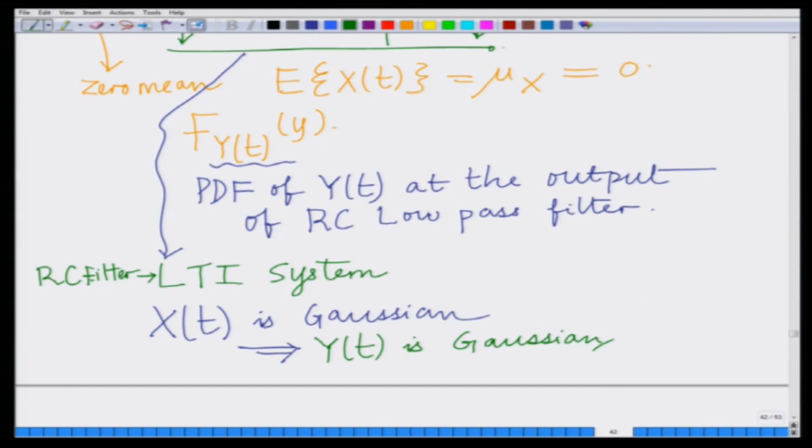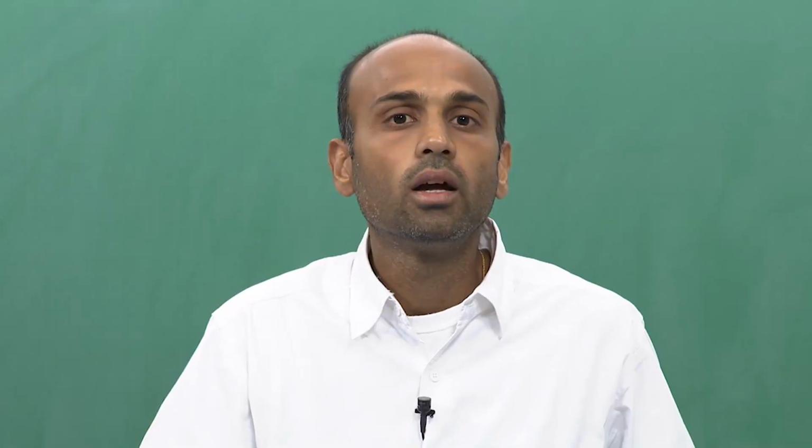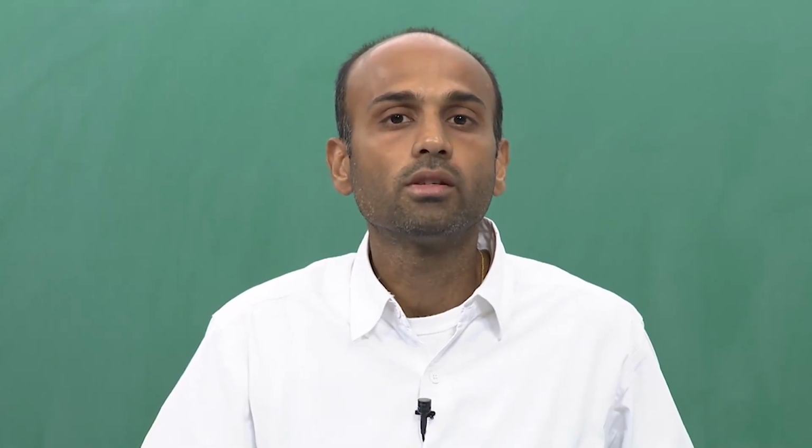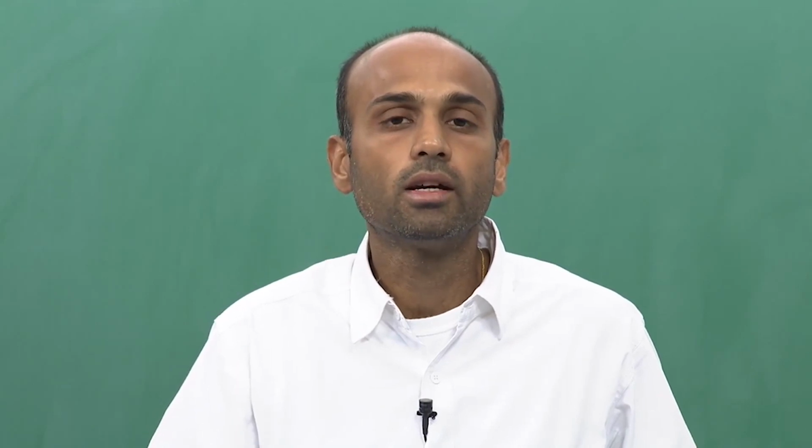The input to the RC filter is a Gaussian random process and it is a linear time invariant system, it is after all a filter. Therefore, the output random process y of t is also a Gaussian random process. Okay, so that part is settled.